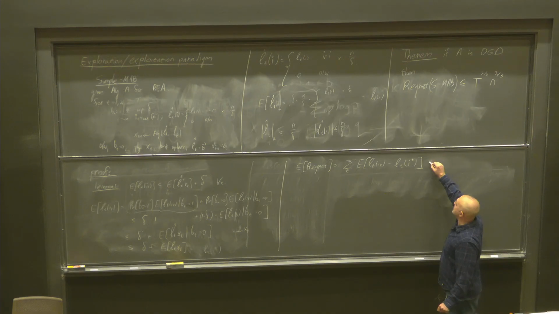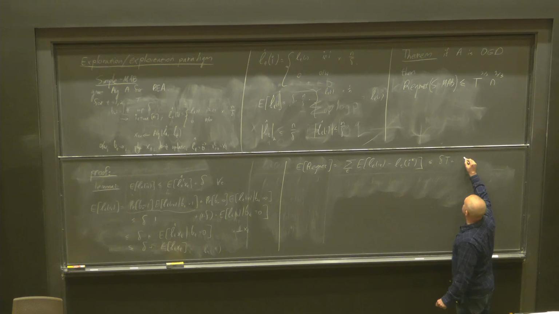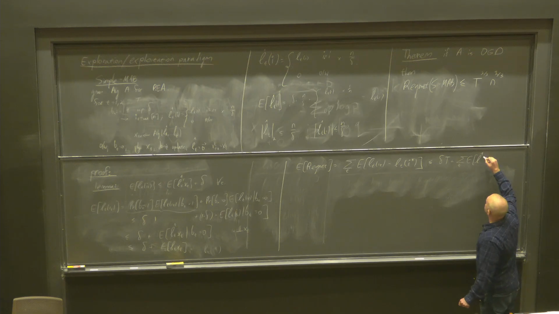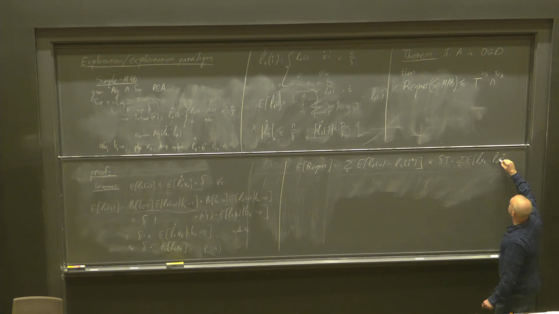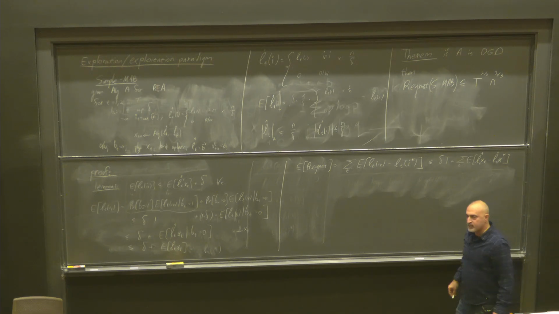Now I claim this is less than delta t plus summation over t expectation L hat xt minus L hat x star. Or if you want, it can be I star or x star. And here I'm using the lemma.